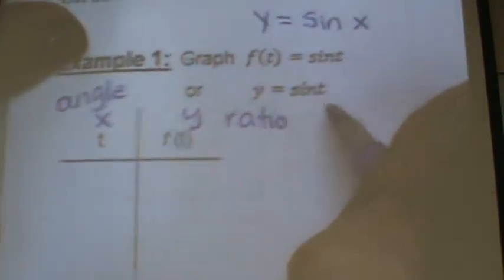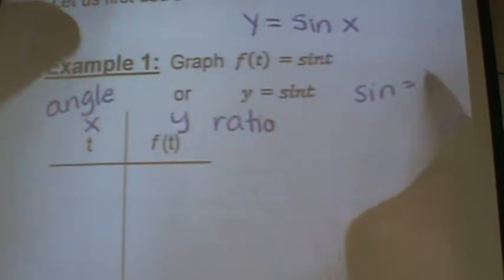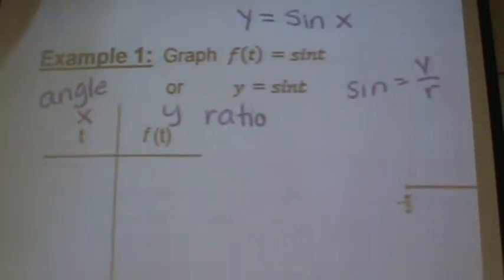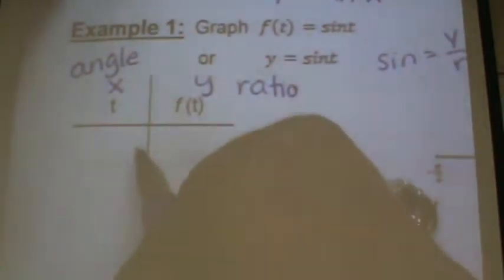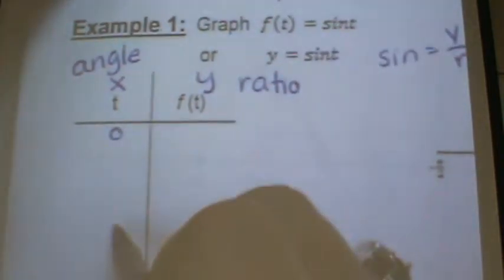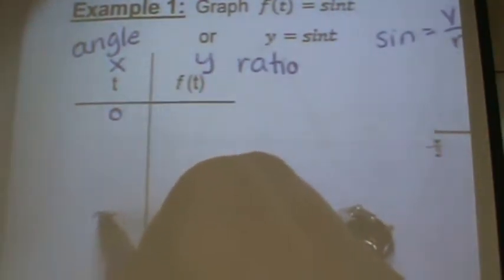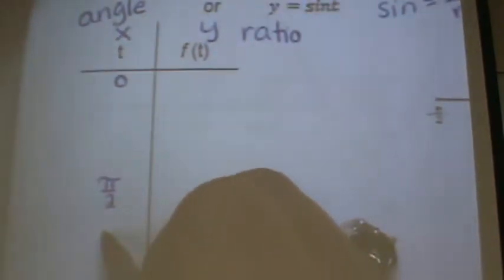Now we're talking about the sine curve, and the sine is defined as y over r. So my favorite points to use are 0, and I'm leaving space here for a reason, pi over 2, pi, 3 pi over 2, and 2 pi. Now, if I talk about these 5 places, what am I talking about?